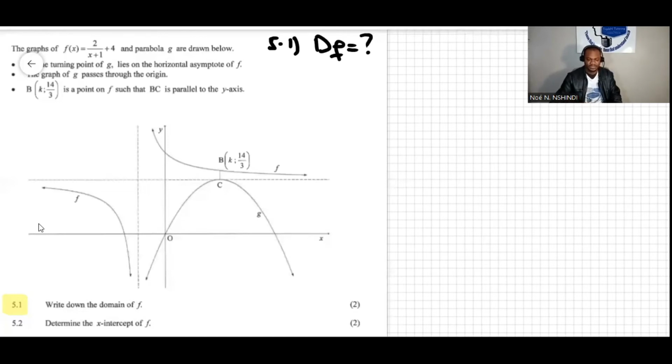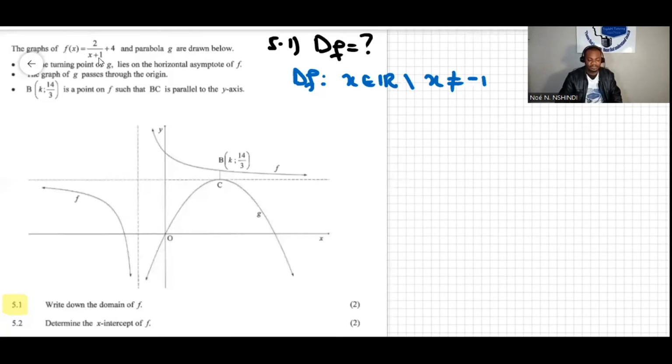So the domain here will be x is an element of R such that x is not equal to -1, because that's the asymptote here.